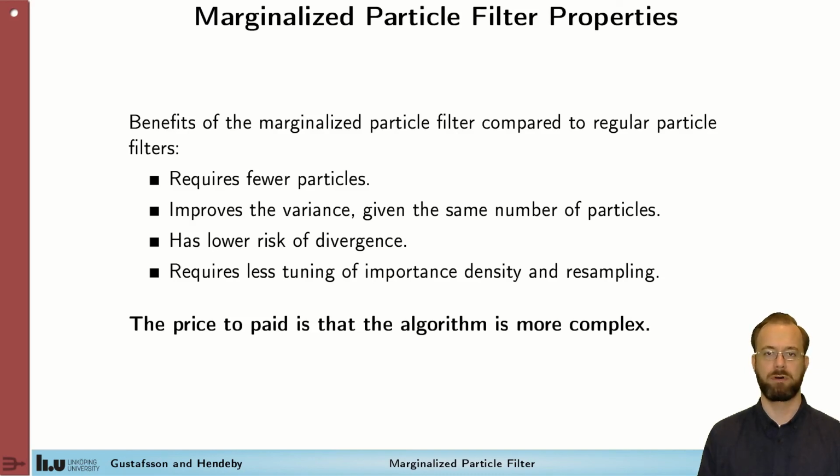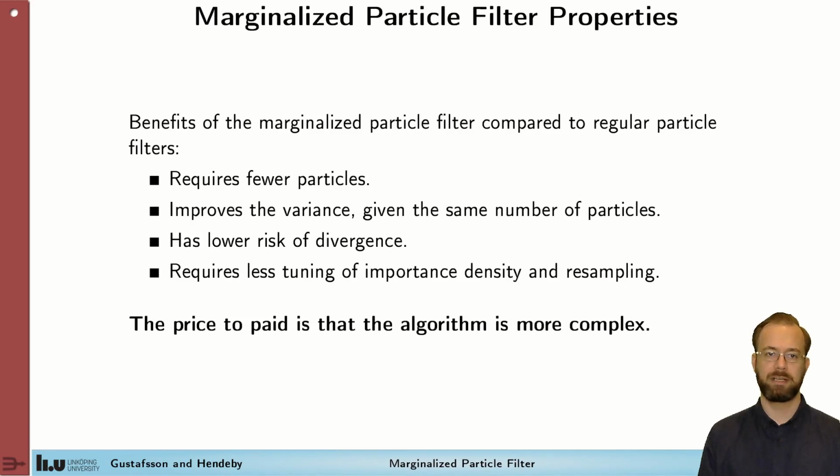So we save particles there. This can be utilized in several ways. We can either use fewer particles and get the same variance in our estimates as we would with the particle filter, or we could use the same number of particles and instead get a better estimate than we would with the particle filter.